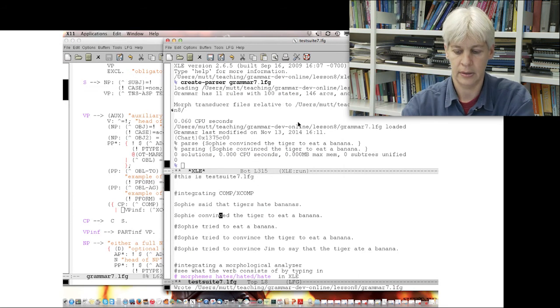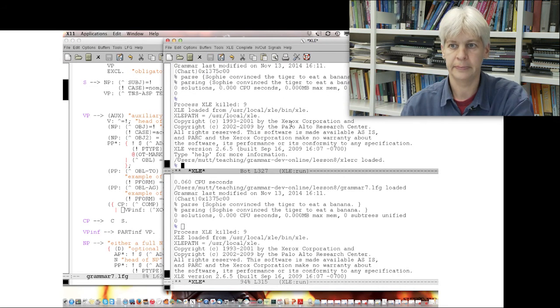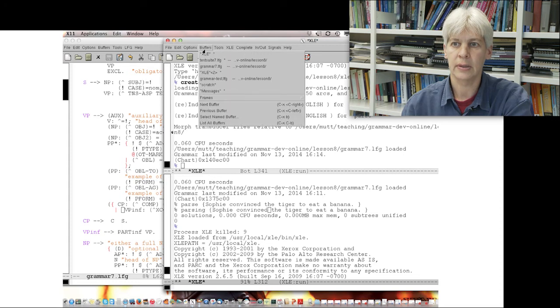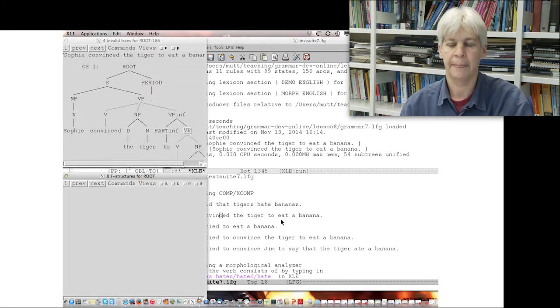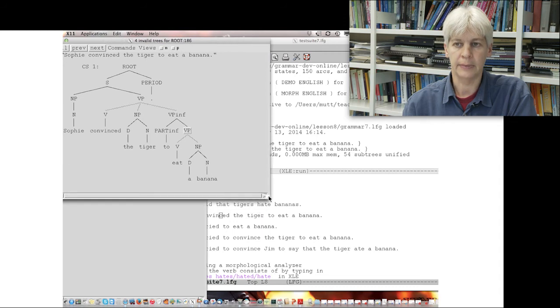Reload the grammar, create parser, get our buffer back with a test suite. Okay, now try again. Sophie convinced the tiger to eat a banana. Okay, we're getting a tree, that's an improvement, but we have a problem here. You see that there's a box around this VP.